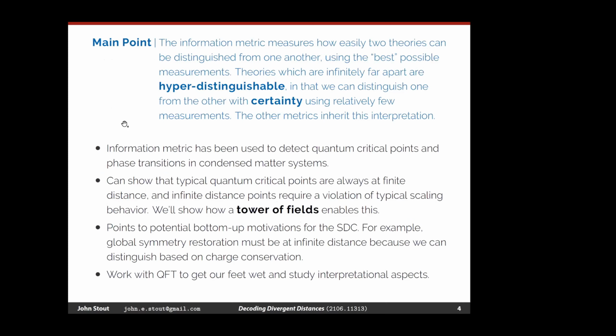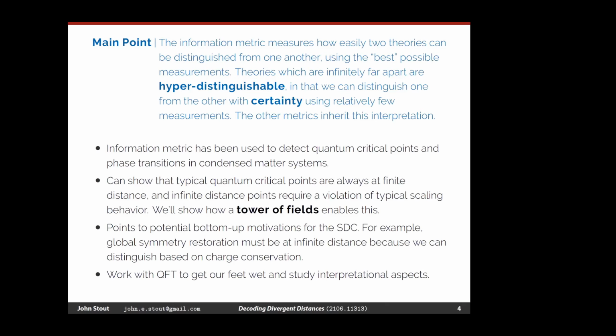So Zoom has blocked my screen a little bit. The main takeaway of this talk is that the information metric is a general way of characterizing how distinguishable nearby theories are from one another. If I had access to possible measurements I could do, how easy is it?